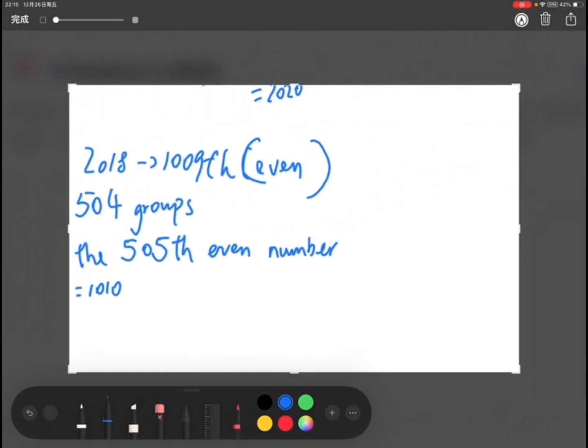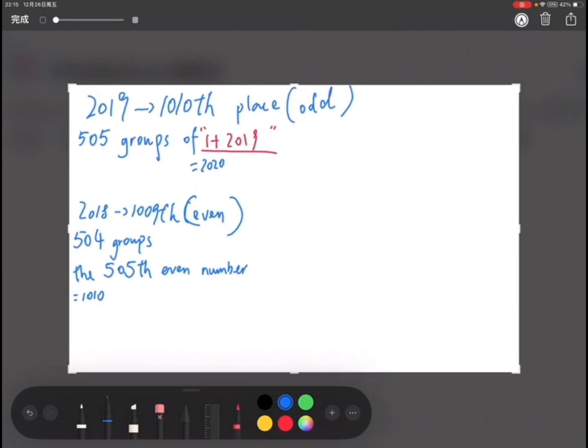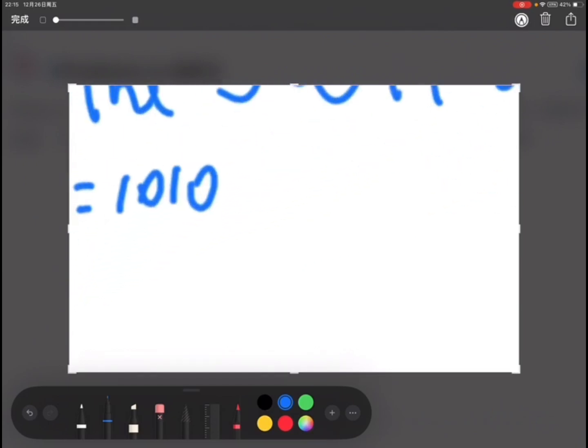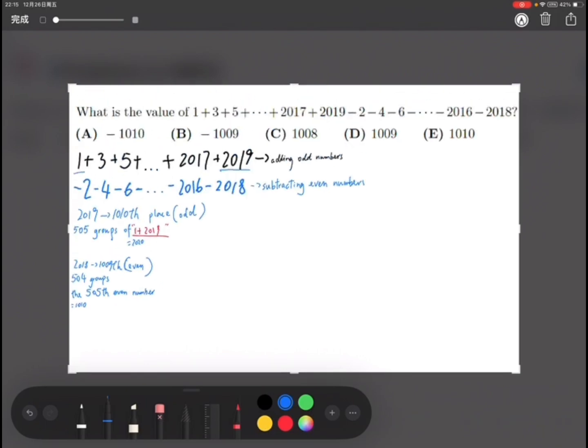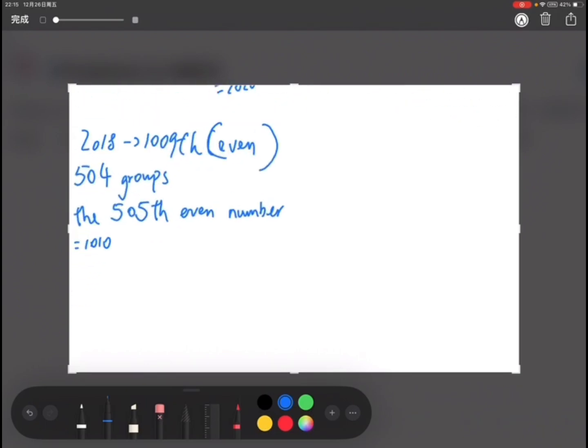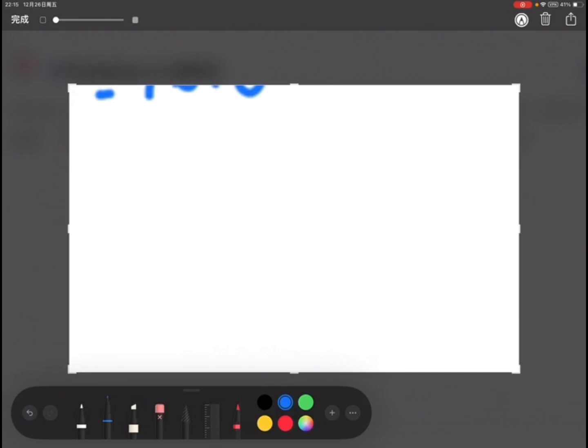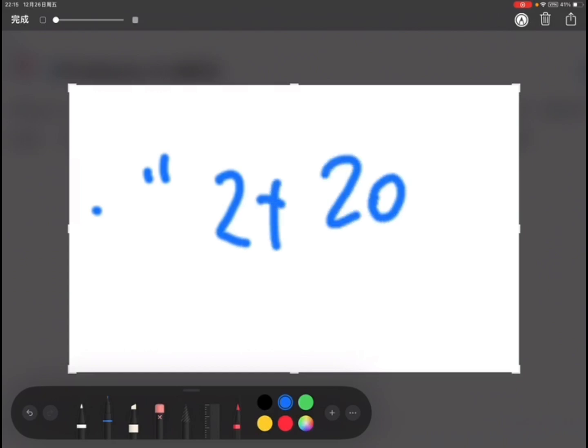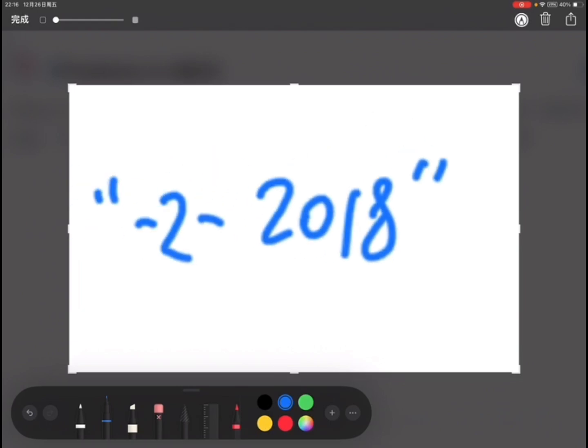So in this case, the rest of the 504 groups, they are 504 groups times 2 plus 2018 minus 2, minus 2018.